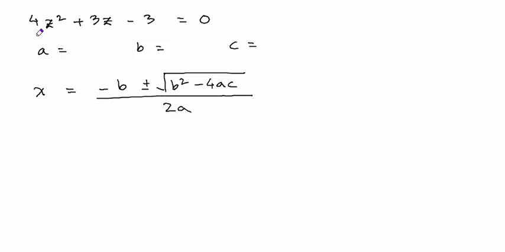Now if you compare the given equation with az squared plus bz plus c, obviously the variable over here is z, not x, it's pretty obvious that a is equal to positive 4, b is equal to positive 3, but c is a negative 3. So let's keep that in mind. The signs are important.